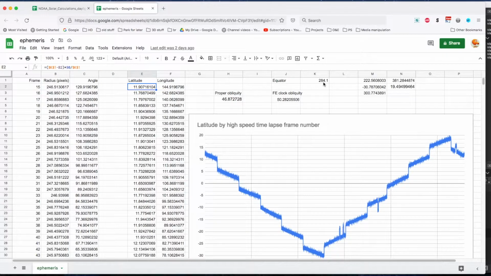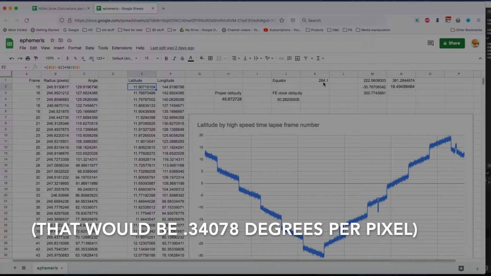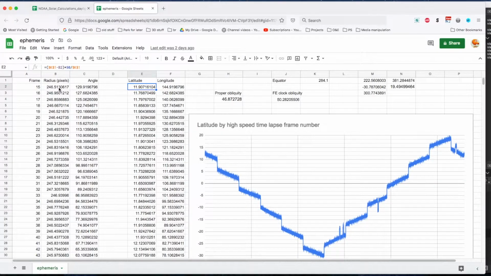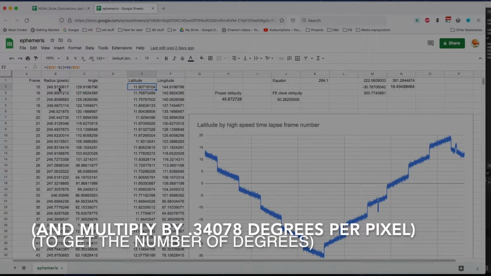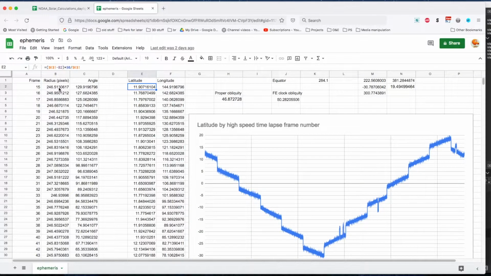If there are 284.1 pixels for 90 degrees on the AE map, I need to calculate the number of pixels from the subsolar latitude to the equator and multiply that by the pixels per degree to get me the total number of degrees.